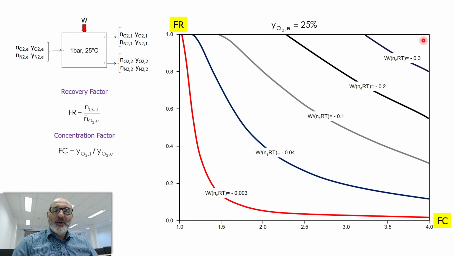We cannot really inject less work than the minimum. It's funny to say it like this, but this is injecting the minimum work for perfect separation. So if we inject less work than the minimum, we allow for less pure oxygen.